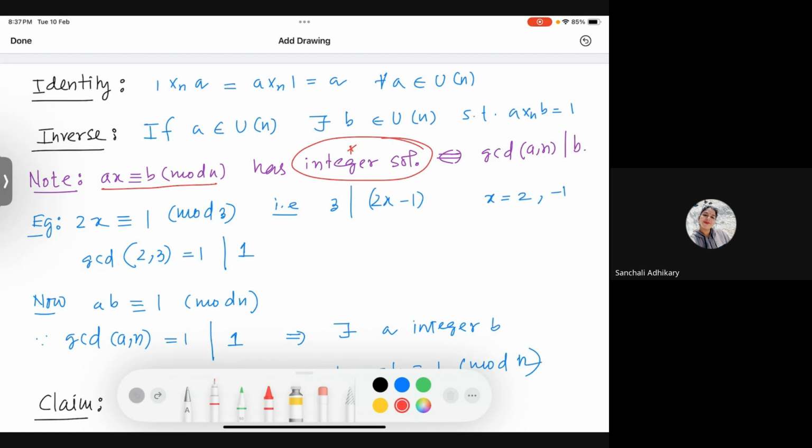I need this result. So if A belongs to UN, for inverse, I need a B belonging to UN such that A multiplication modulo N, B is equal to 1, right? Because 1 is the identity element. And we know AB is equal to BA. I need this B, right?